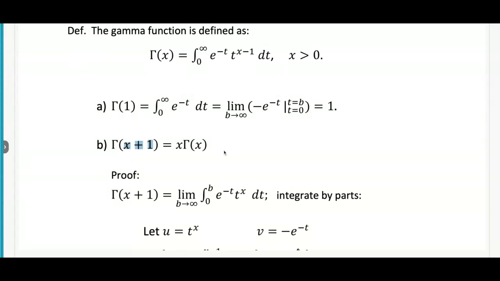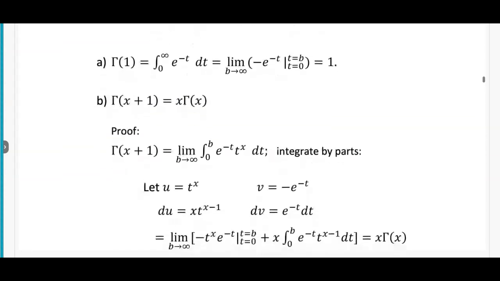You could think gamma x can be x minus 1 times gamma of x minus 1, and so forth, until gamma of 1, which is 1. So in general, we think gamma of x plus 1 equals x factorial.